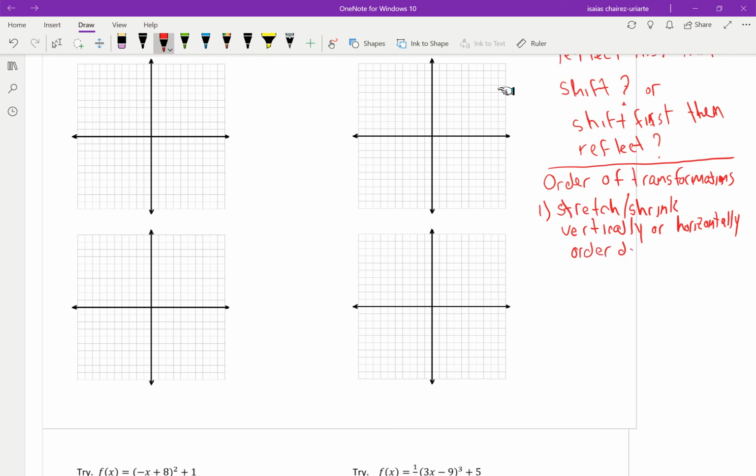By order doesn't matter, I mean if, for instance, you have both a vertical and a horizontal shrink, it doesn't matter which one you do first. Vertical or horizontal, it should not matter.